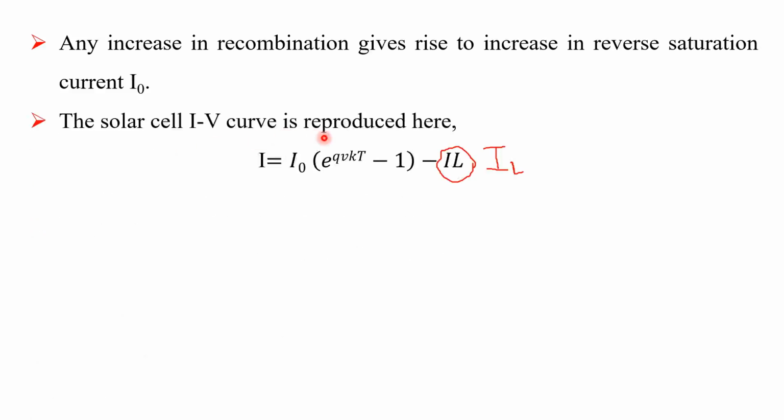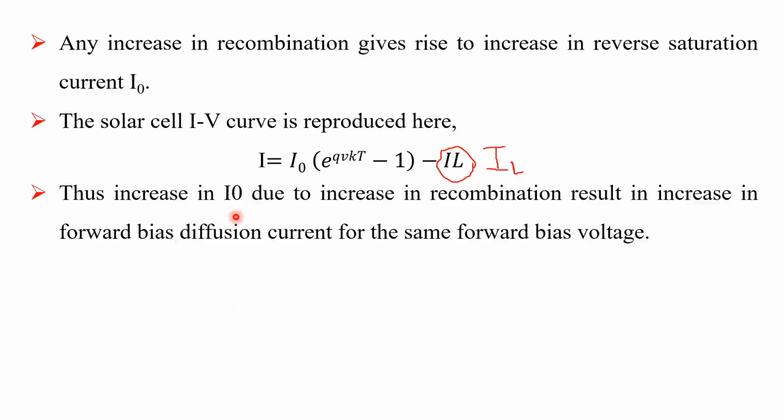The solar cell IV curve is reproduced here: I = I0 (e^(qV/kT) minus 1) minus I_L.